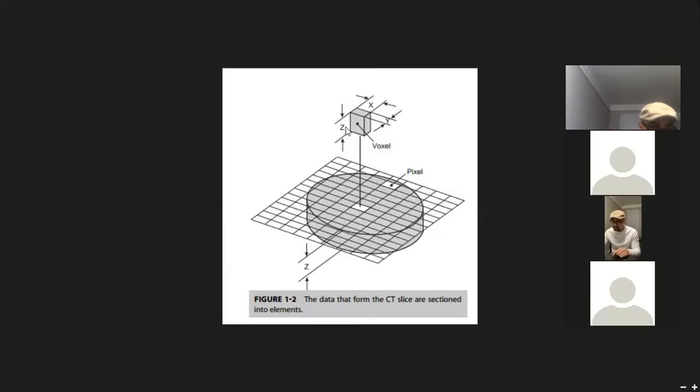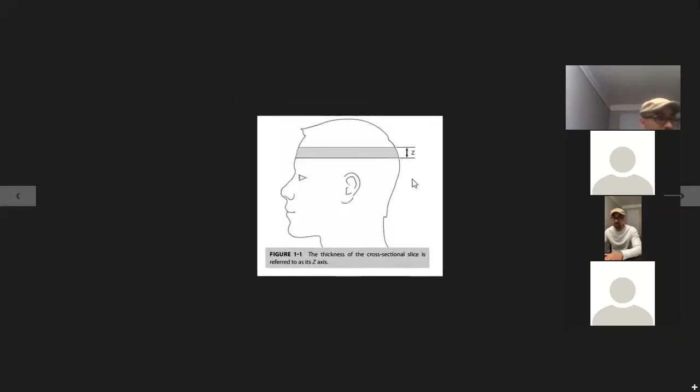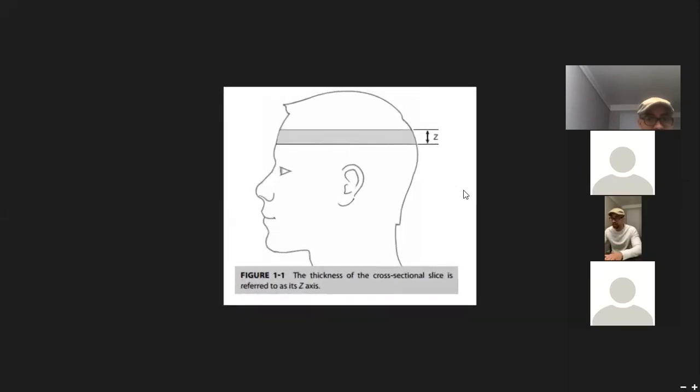Now, if you look here where it says Z, Z is essentially synonymous with the slice thickness, right? It's the Z direction, which is head to foot. So look at this here. This is our Z direction, okay? Head to foot. That's our slice thickness. So that also has a type of resolution, and that's called longitudinal resolution, okay?